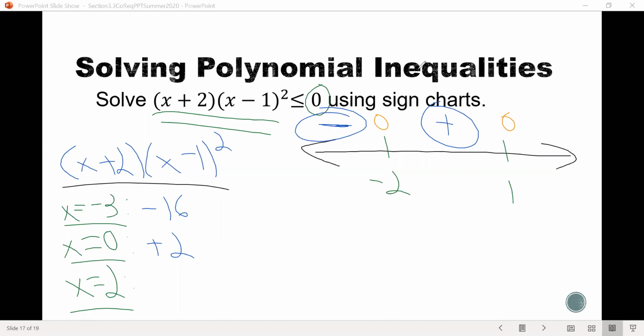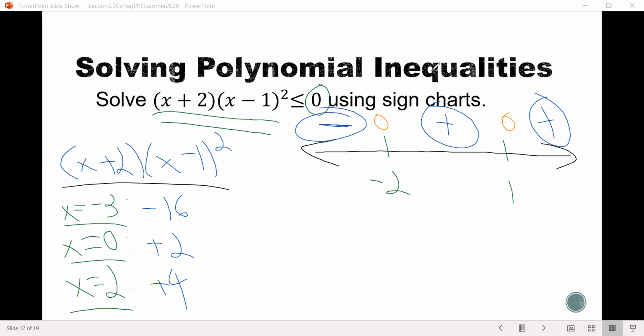The answer is positive 4, obviously. So we get +4 there, which tells us that for all the numbers up here, the outputs are positive. Let me just double check my work here.